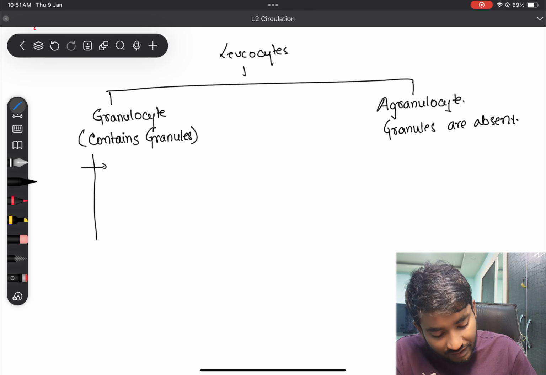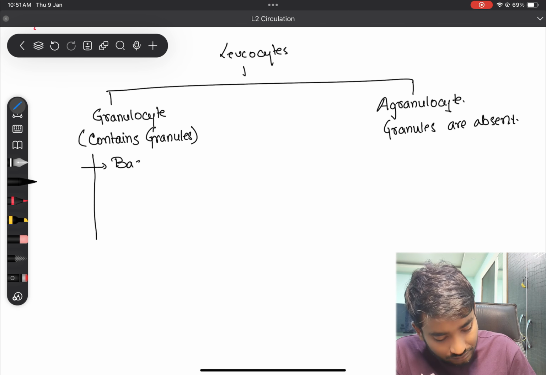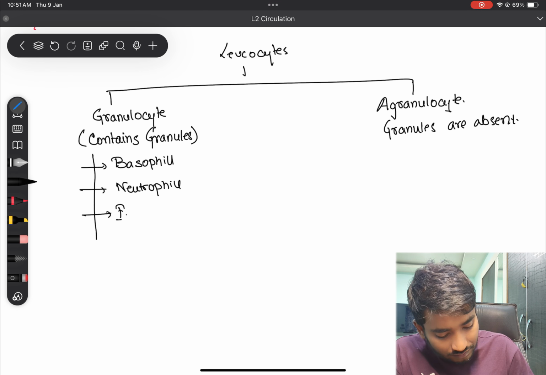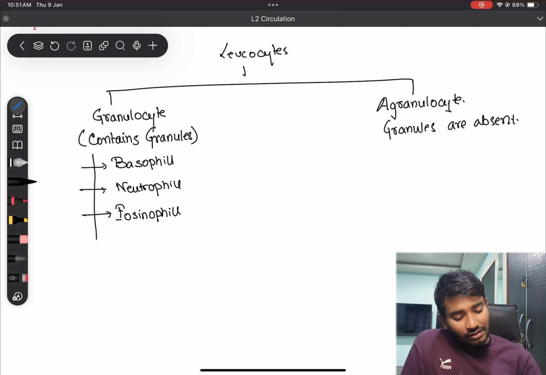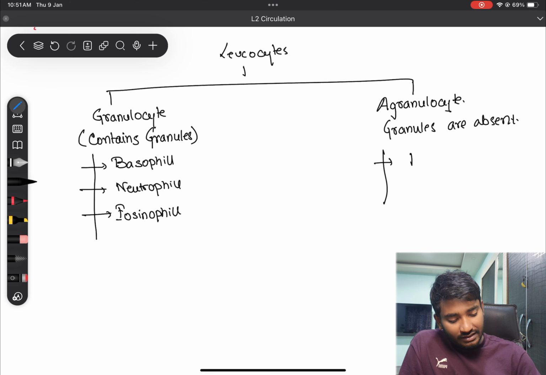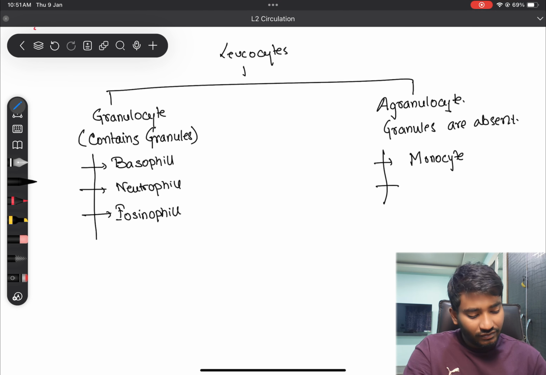Granulocytes contain the basophil, neutrophil, and the eosinophil. Agranulocytes contain the monocytes and the lymphocytes.